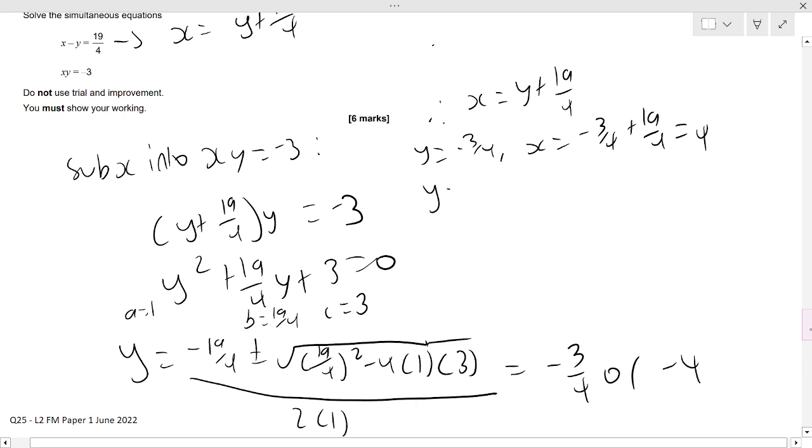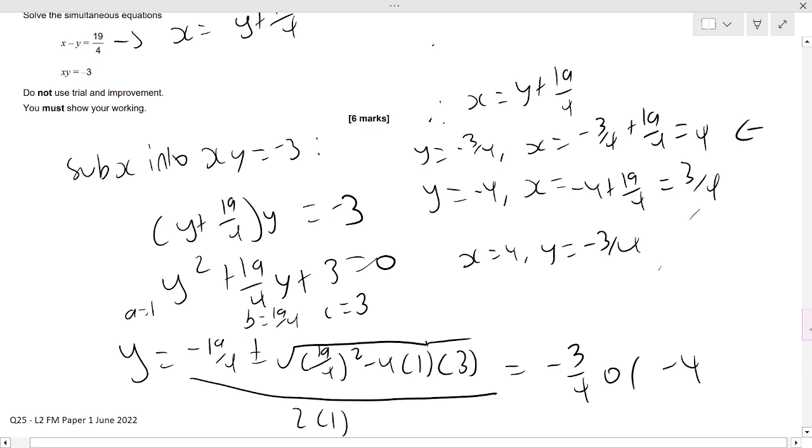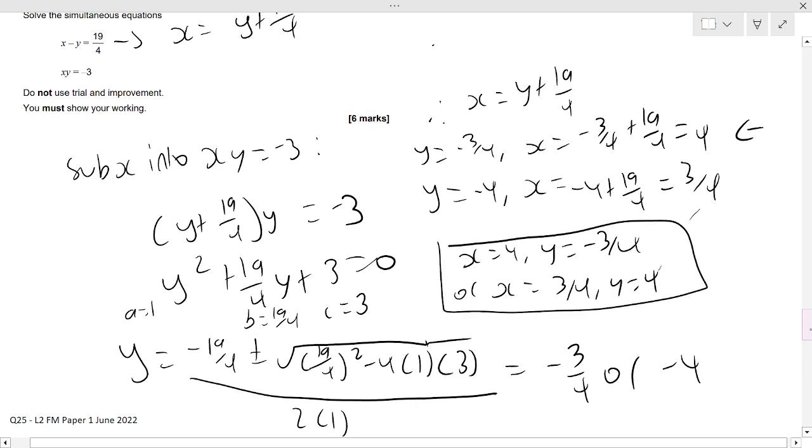And then when y is minus 4, then x is going to be minus 4 add 19 over 4, and that will be 3 over 4. So that's our solutions, right? So our solutions are either x is 4, y is minus 3 over 4, or x is 3 over 4 and y is minus 4. Okay, that's our solution here.